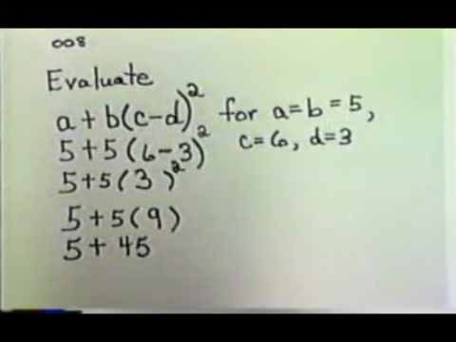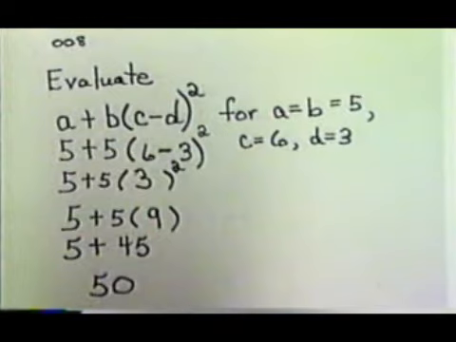And now I have left just 5 plus 45. 5 plus 45 is 50. So our expression is equal to 50 when a and b are both 5, c is 6, and d is 3.